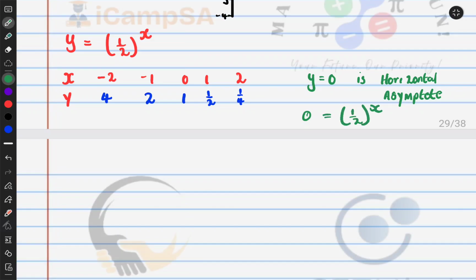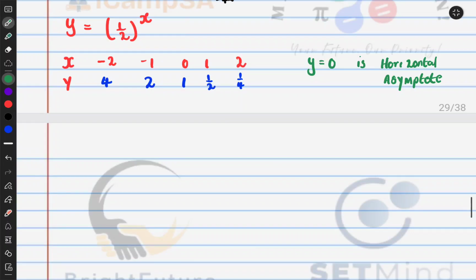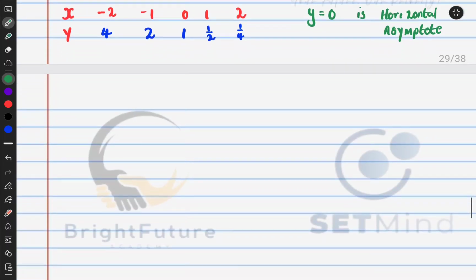There are no values of x that will actually satisfy this equation, so it's non-existent, so y is equal to 0 becomes your horizontal asymptote. Now let's go ahead and sketch this function and see how it comes out.